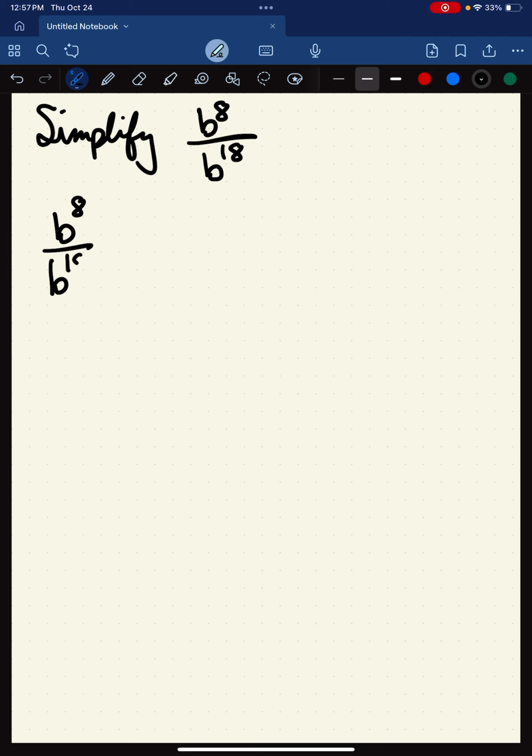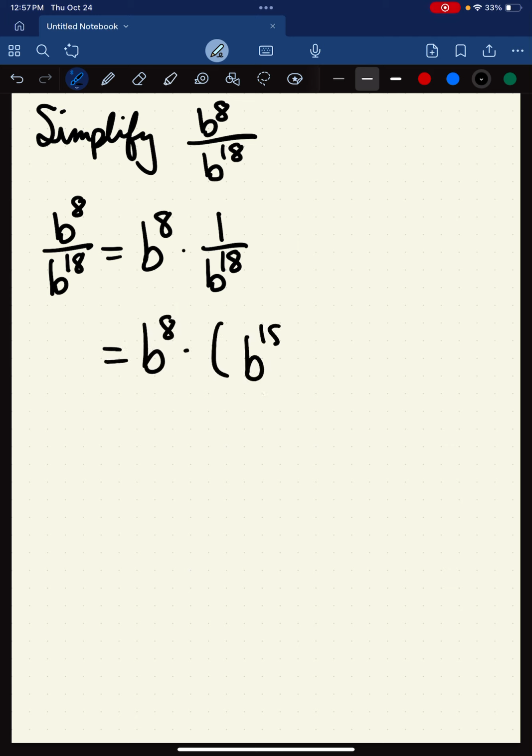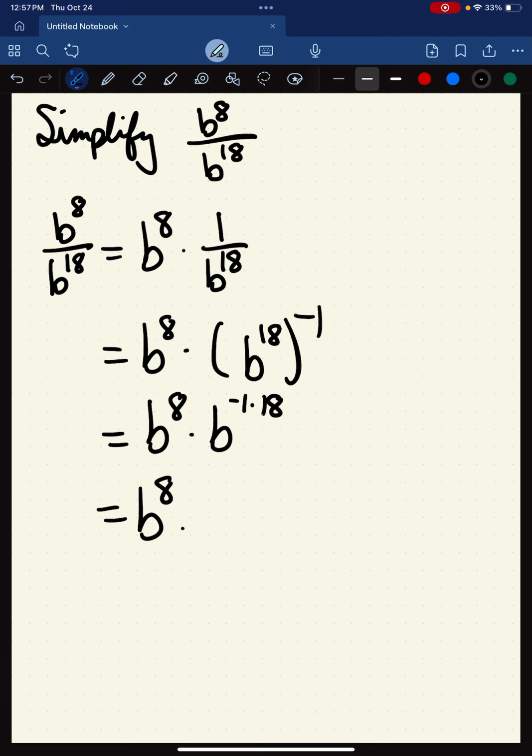Okay, so b to the power of 8 over b to the power of 18 is the same thing as b to the 8 times 1 all over b to the 18, which is the same thing as b to the 8 times (b to the 18) all to the power of -1, which is b to the 8 times b to the -1 times 18, which is b to the 8 times b to the negative 18, sorry.